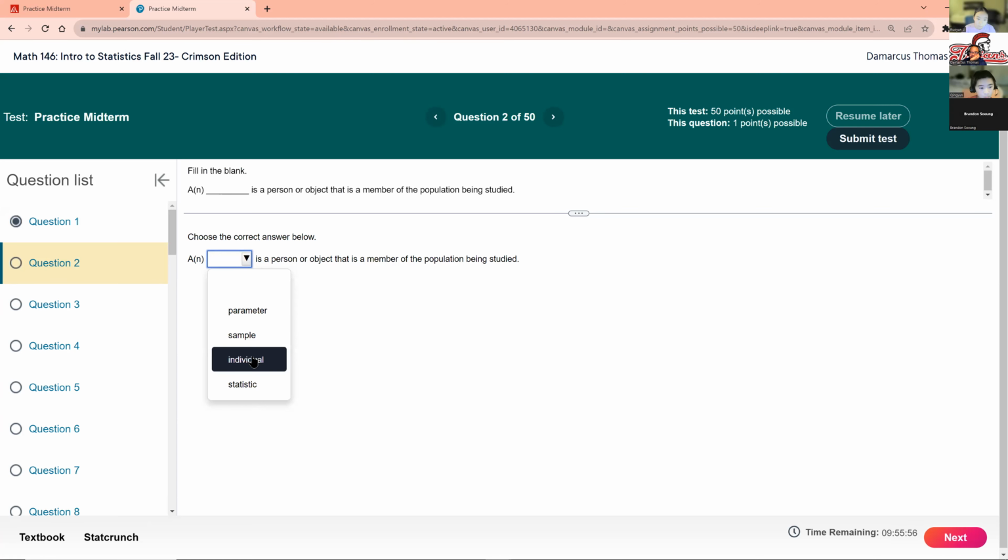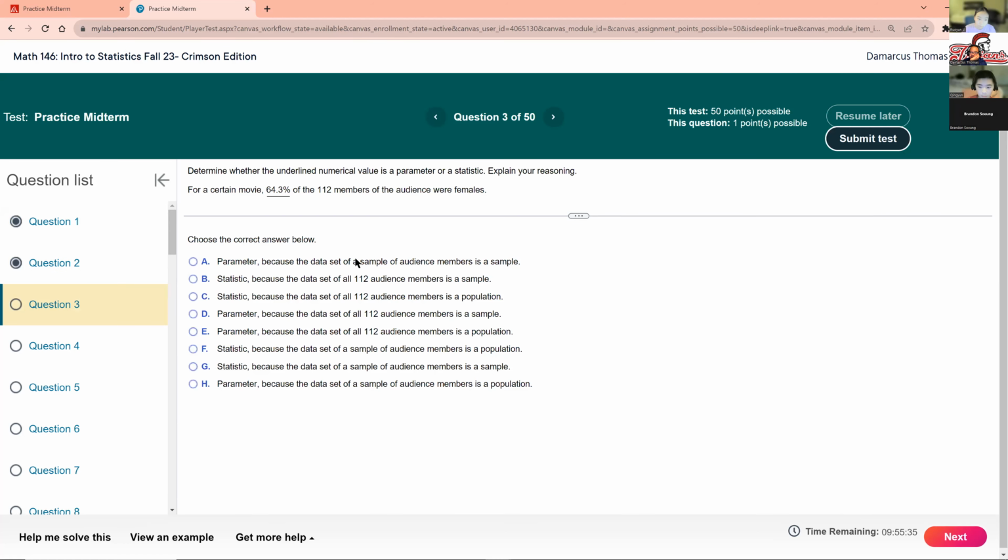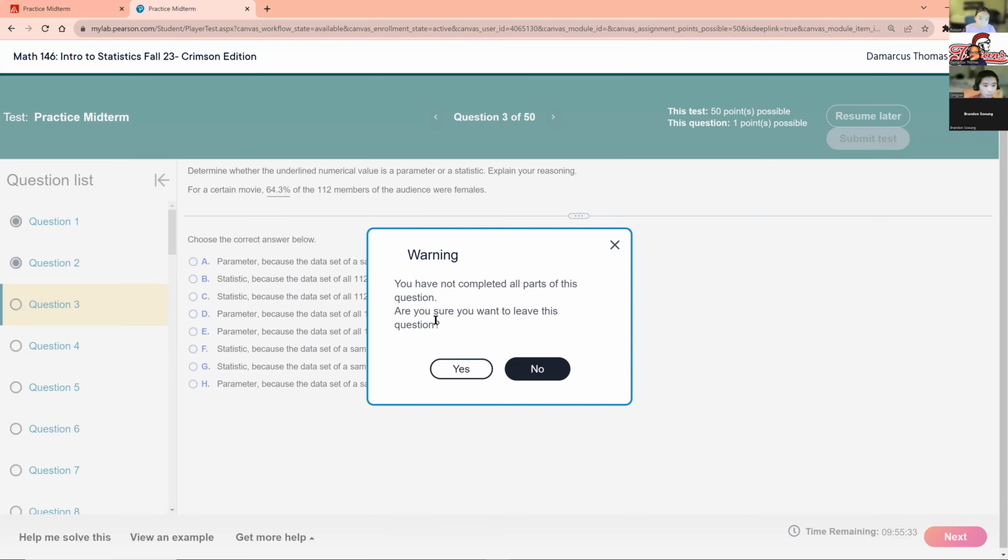I like individual here. Statistic, as if we were dealing with a sample, and it's some type of proportion there. I'm going to go with individual. I could be wrong. What do you think? That seemed about right, huh?